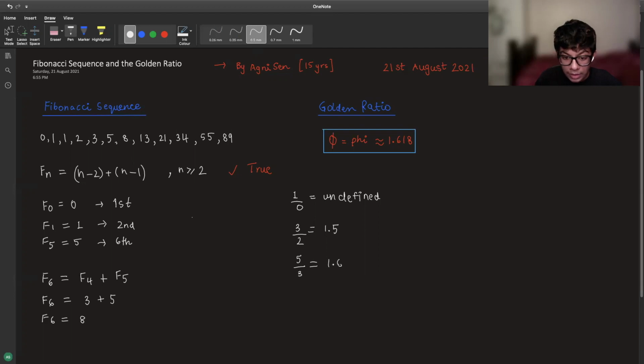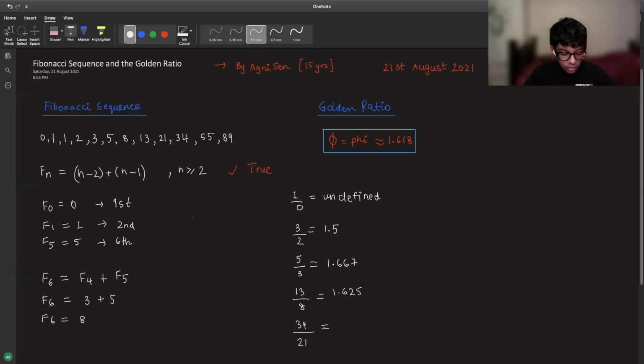So that's 1.667. Let's move on to 13 divided by 8, which we know is 1.625.